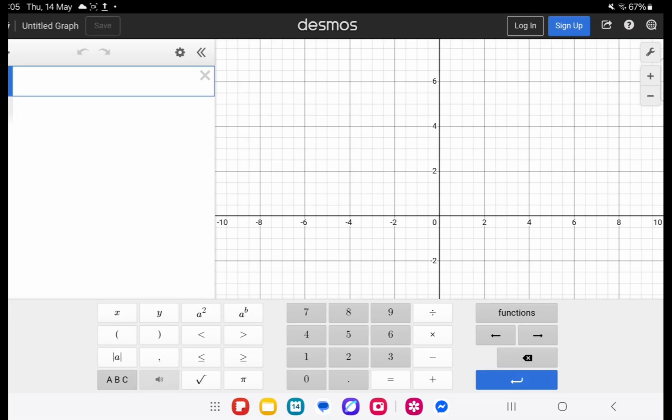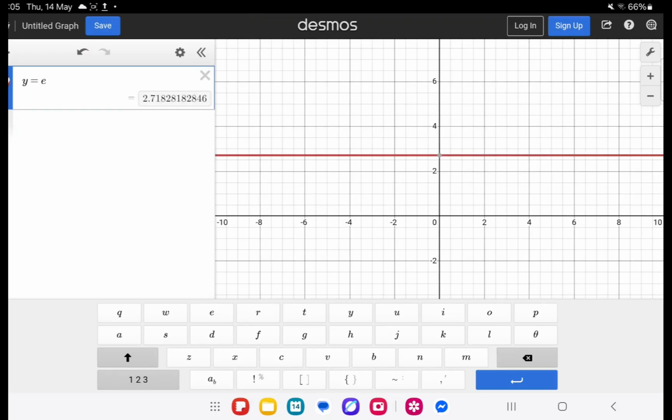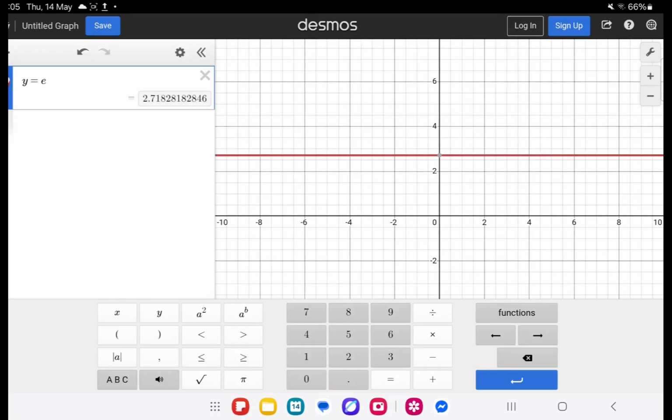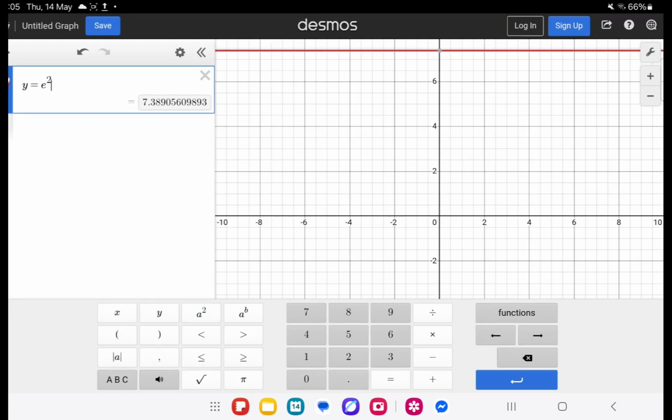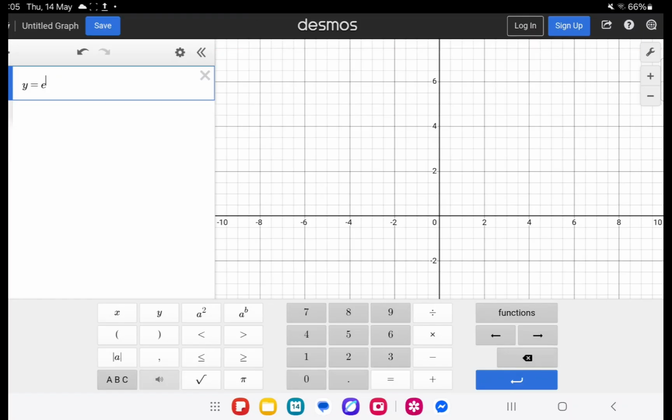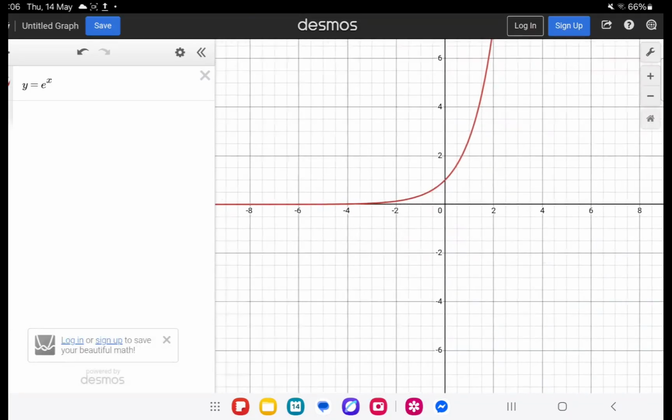In fact, let's look at the graph of an exponential function. We have here a graphing app. Let's graph y equals e raised to x. Look at the graph.